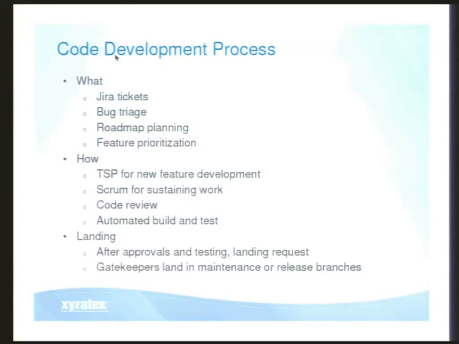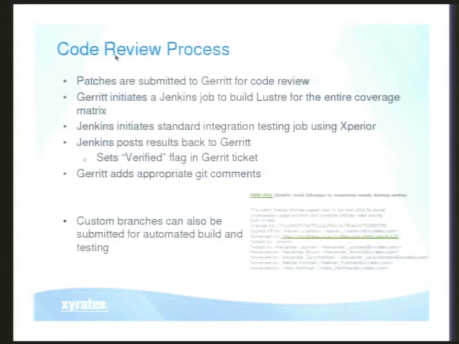The review process at Xyratex is fairly well automated, so we submit our patches up to Gerrit. Gerrit immediately starts off a Jenkins job to build any patches that are up for review. That Jenkins job then starts an automated testing job with a tool called Xperior that was developed by Roman, who's sitting somewhere around here.